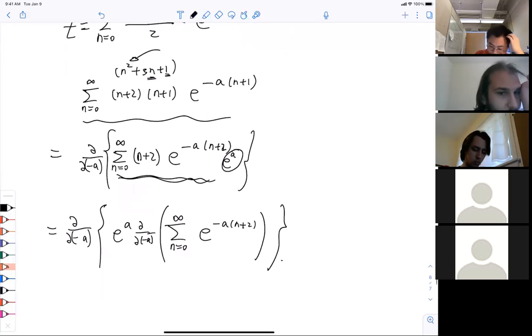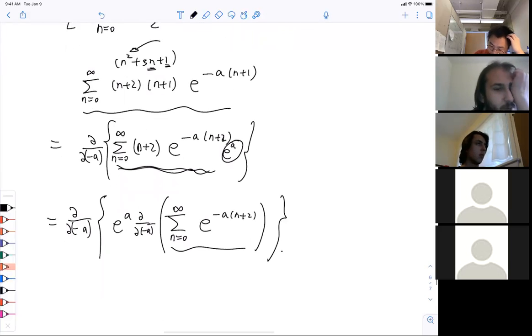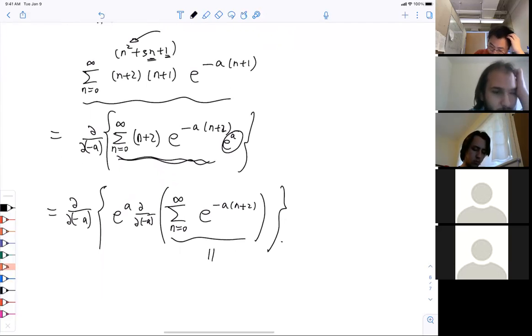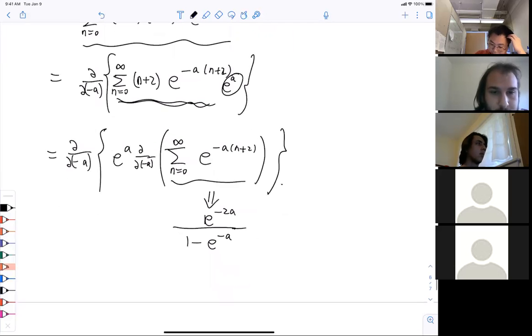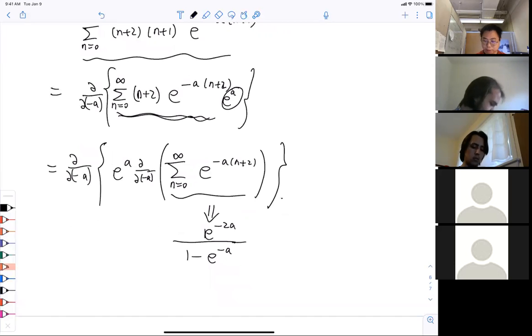And we know what this guy is. This is just 1 over 1 minus exponential minus A, times exponential minus 2A. And just do the derivative, you would get the same answer. It's just a mathematical trick.